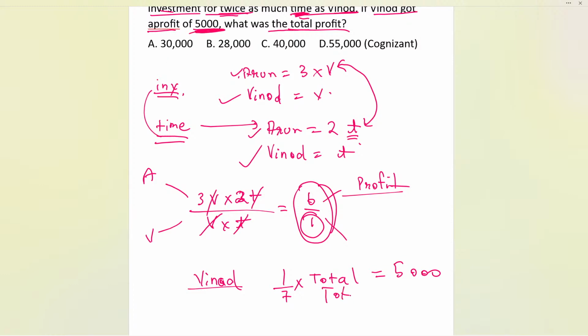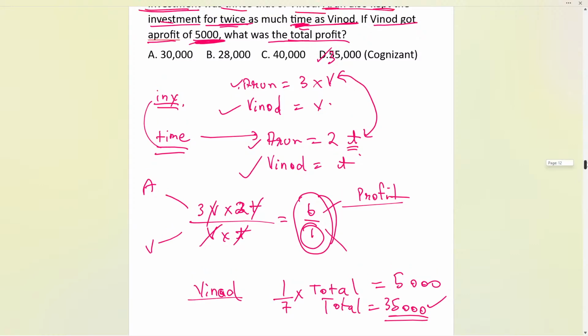So the total is 5 times 7, 35,000, which is the correct answer. I have not mentioned it here; I have to mention 3 here, that is the only part. By mistake I forgot to edit the options also. So 35 is the answer.